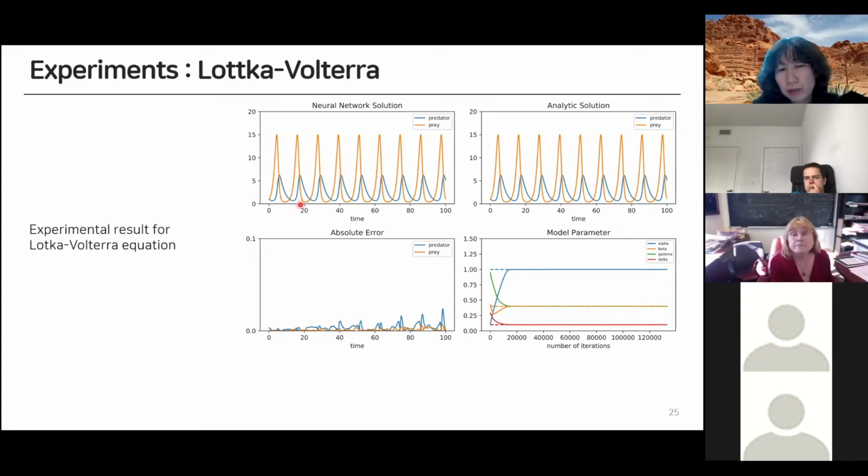But as I said, this methodology works for many systems, in other words, systems with many quantities, not only two. And this is the absolute error. Again, we have 4 model parameters, and this neural net works very well for estimating these 4 model parameters.